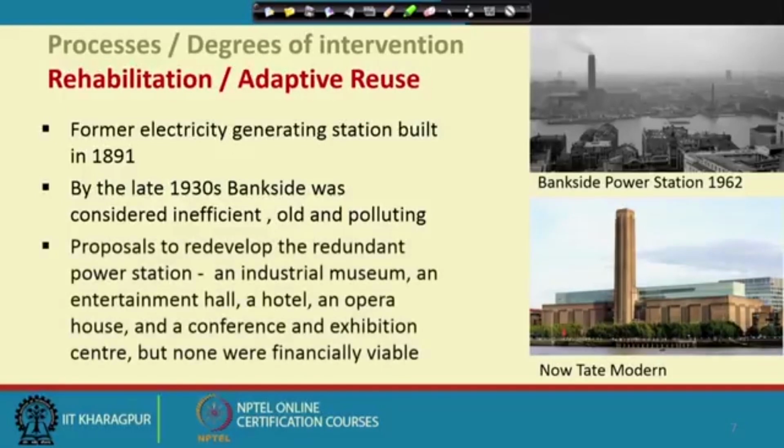So there were two groups of people. One group wanted to keep it, preserve it as a landmark of the Industrial Revolution, an industrial heritage. So there were proposals to redevelop this redundant power station.